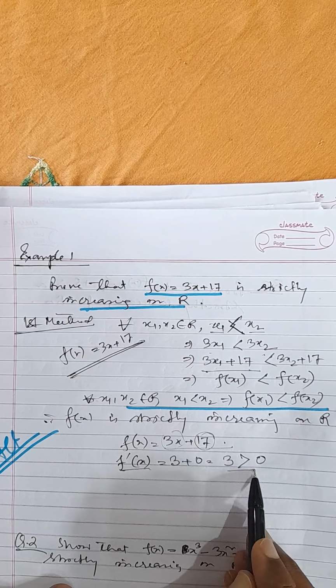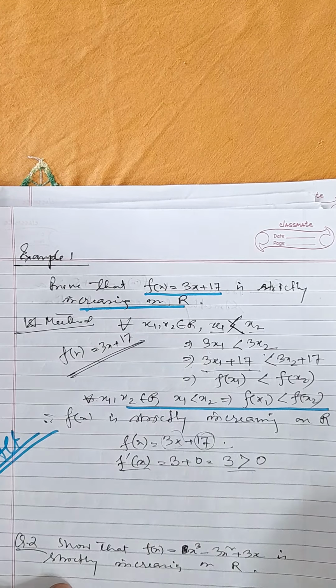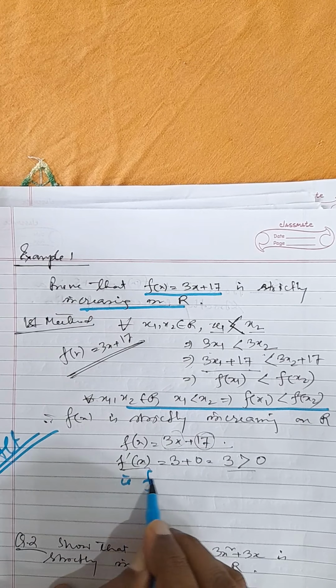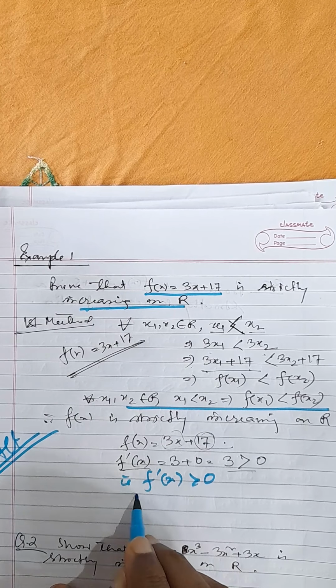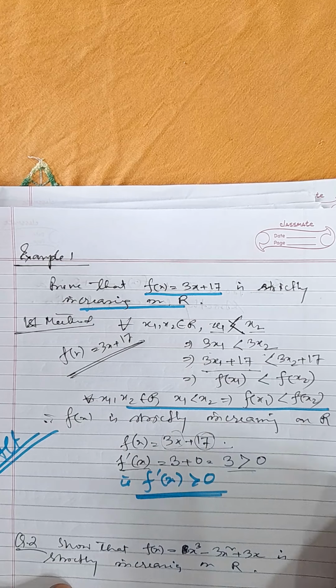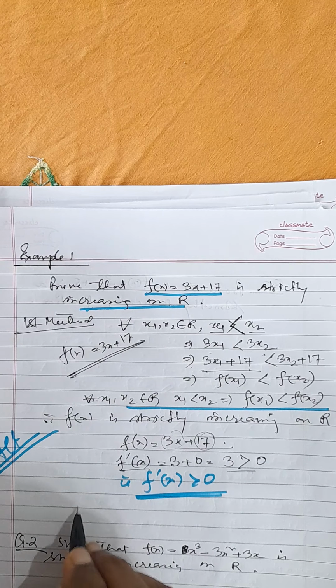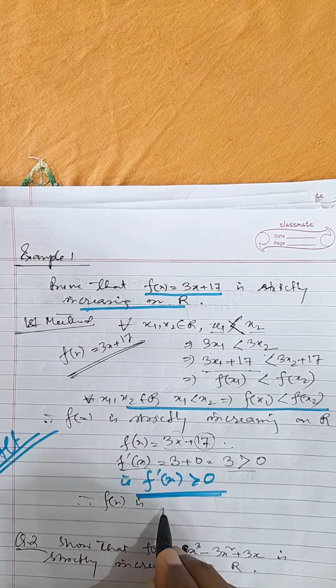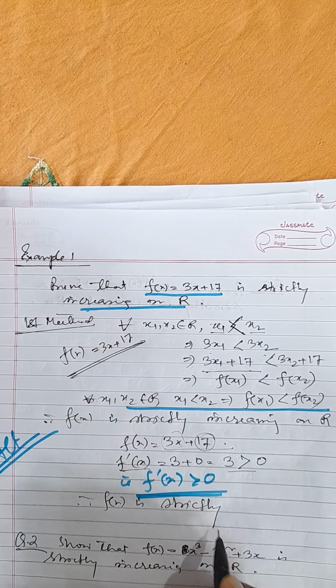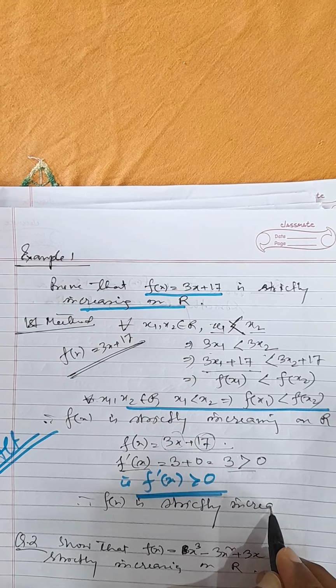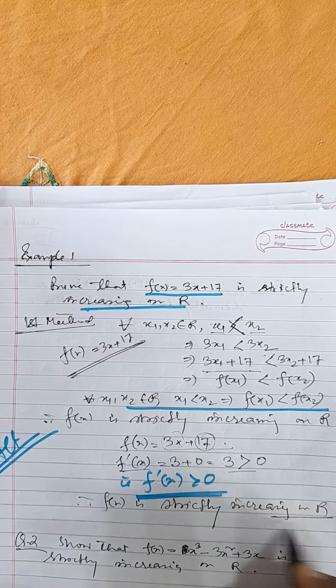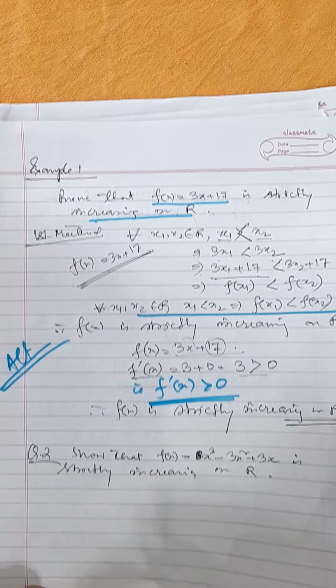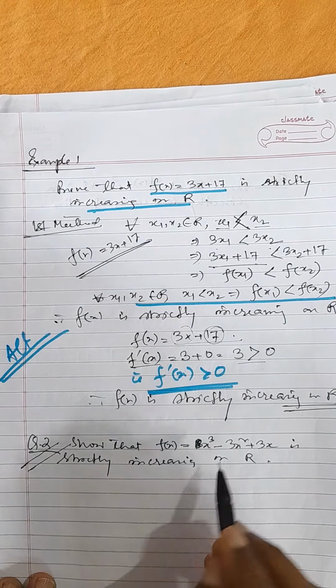So f'(x) is greater than 0. We are getting this one, f'(x) greater than 0. So if f'(x) is greater than 0, f(x) is strictly increasing on R. Okay, clear?